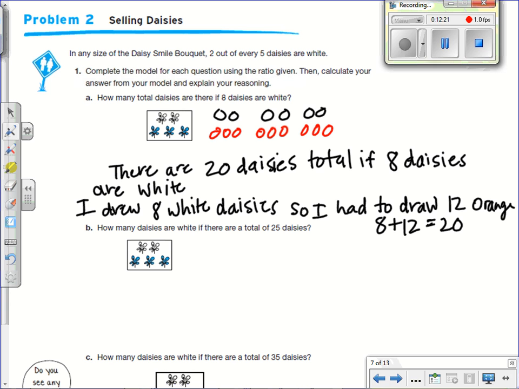Let's go ahead and check yourself on that one. How many daisies are white if there are a total of 25 daisies?